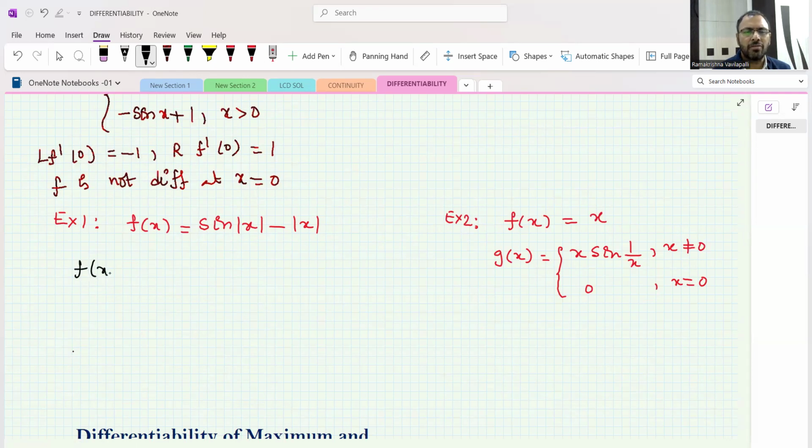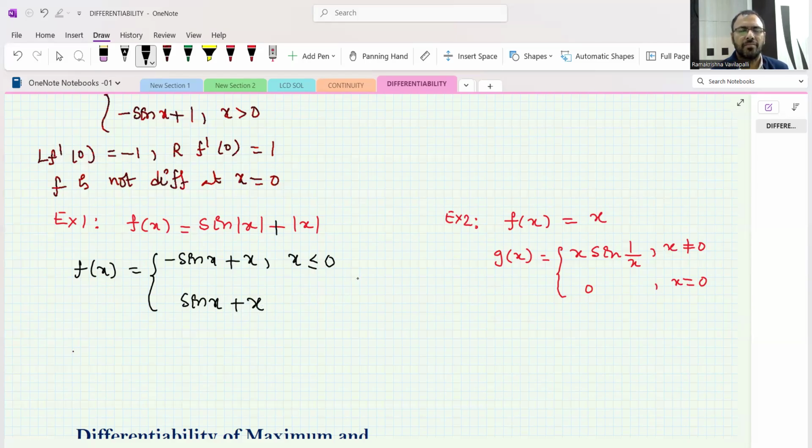The same way we did cos mod x plus mod x, we can split the function: minus sin x and minus x for x less than or equal to 0, and sin x minus x plus x for x greater than 0.